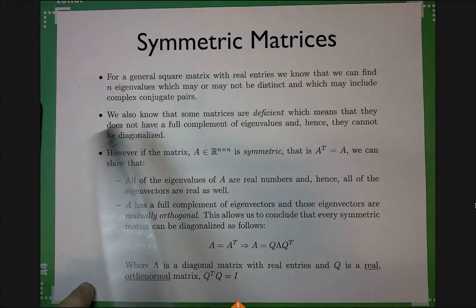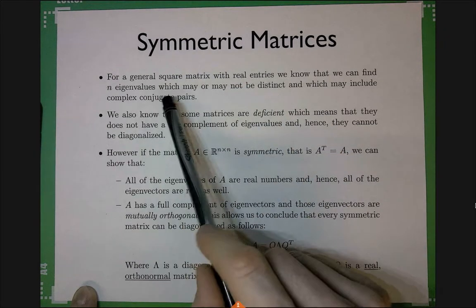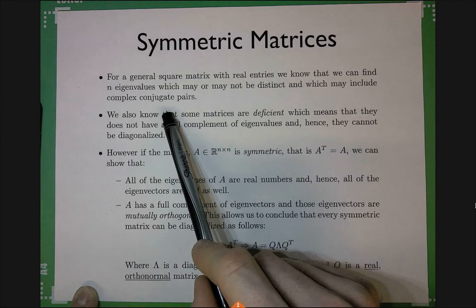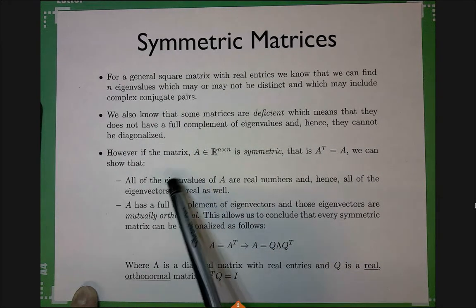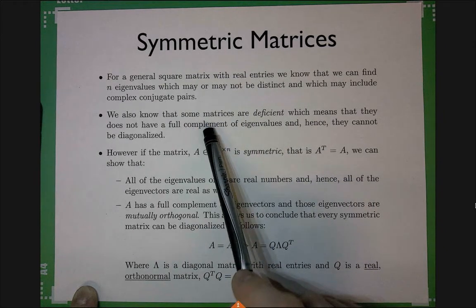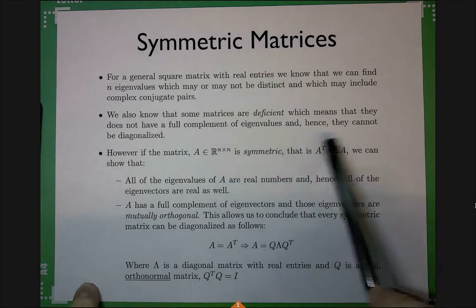The catch here is that they might not be real. They might be complex, and if they are complex, they come in complex conjugate pairs. Remember that? Some matrices are deficient, so that means that we cannot find a full set of eigenvectors. We don't have a full complement of eigenvalues.